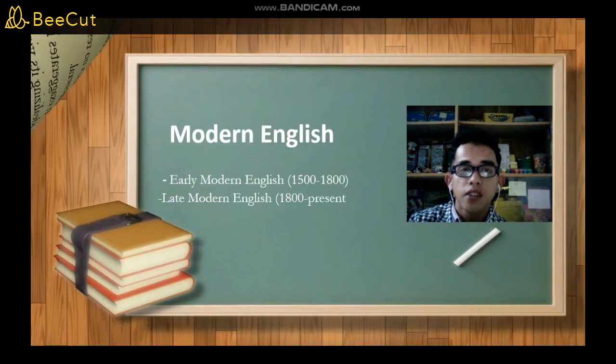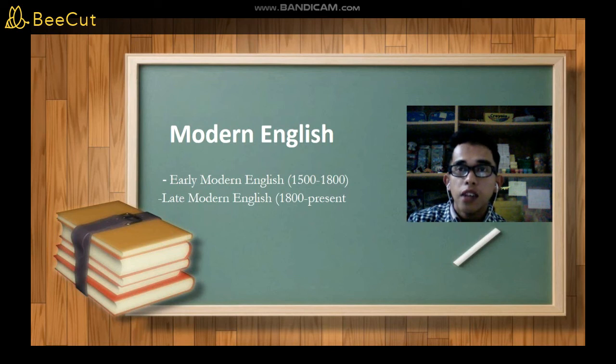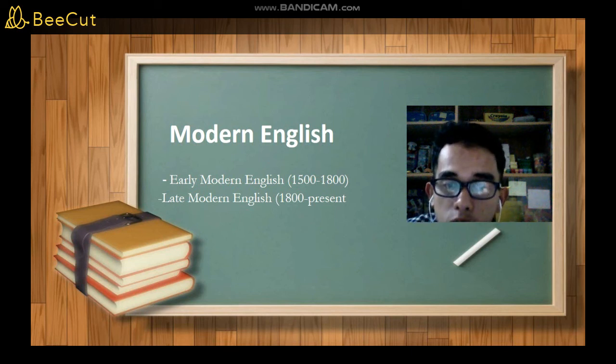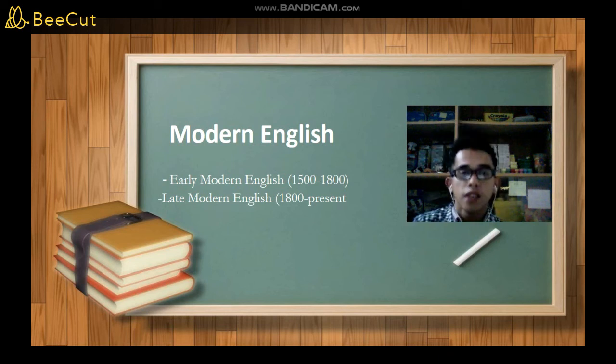Next, and finally, we are in modern English literature. As I said before, early modern English is from 1500 to 1800, and late modern English is from 1800 until now.